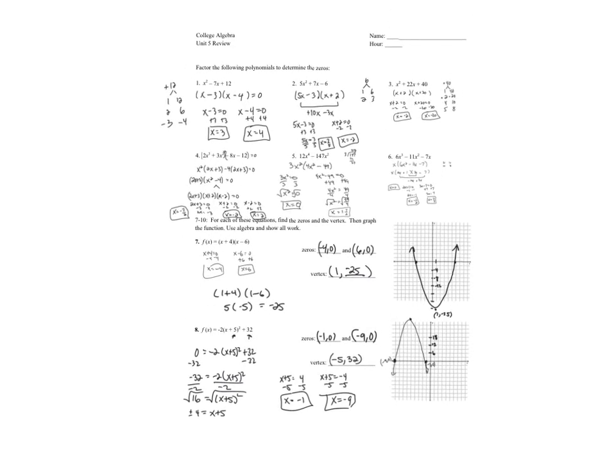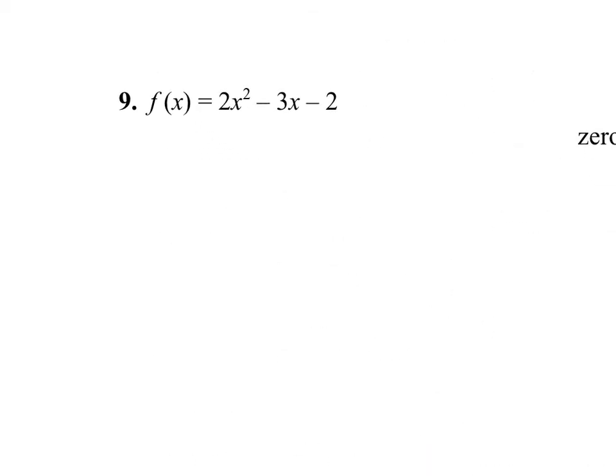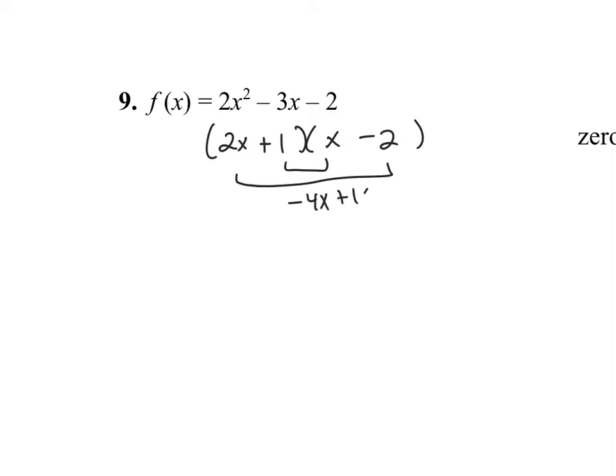All right, let's slide over to the next page and do problems 9 and 10. So this one we're going to factor. So I know it's got to be 2x and x, and then we need to multiply to negative 2, so it's going to be negative 2 and plus 1, and that works because that'd be negative 4x, and that would be plus 1x.